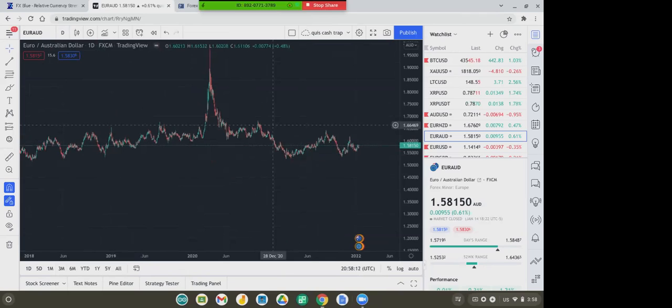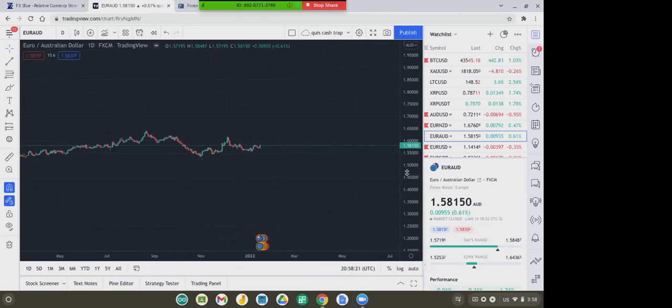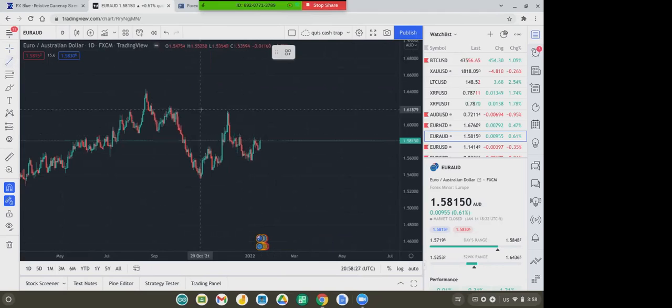All right, so right now it's kind of not in a trend. It's in a mini uptrend right now, where it stopped right here. Well, it's not really a trend because they didn't make the three points.